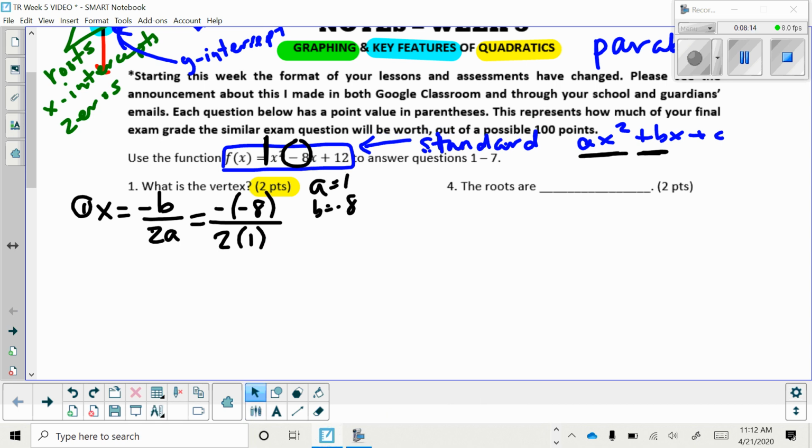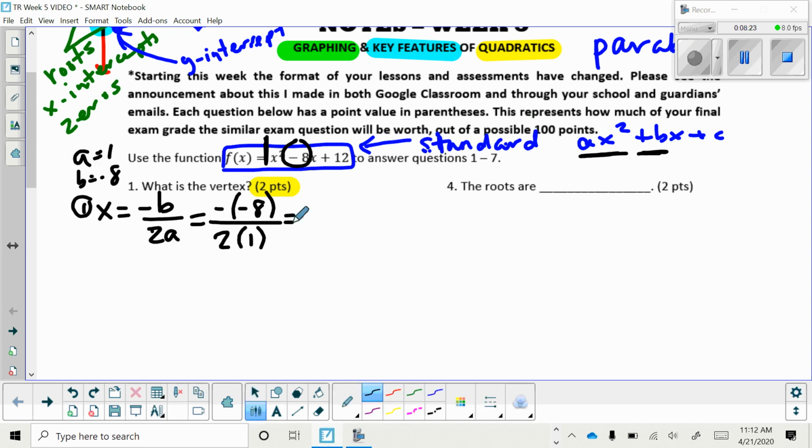So then we simplify that information. Negative 8 makes a positive 8. And 2 times 1 is 2. And then we simplify that and we get 4. All right. So we know that x equals 4.